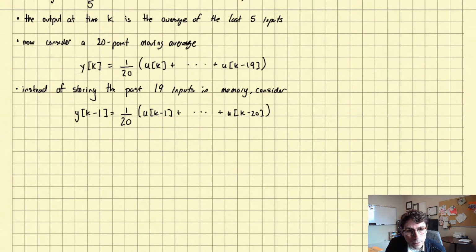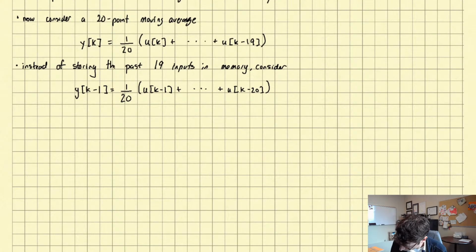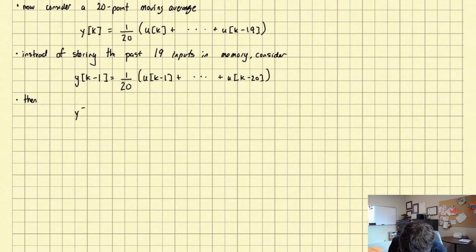Okay. Now, take y of k and subtract y of k minus 1 from it. Then y of k minus y of k minus 1 looks like what we have up there.